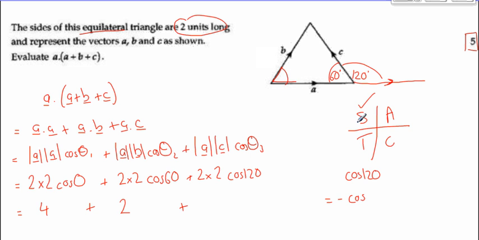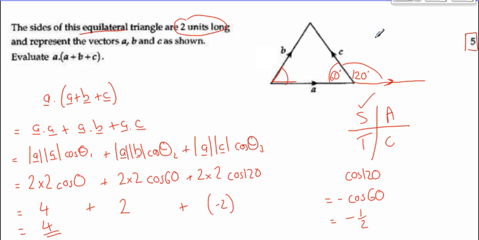The related angle of 120 in that quadrant is 60, because it is 60 that we take away from 180 to get to 120. So cos 120 is negative a half. So this really means 2 times 2 times negative a half. So add negative 2. So your final answer there is A dot (A plus B plus C) is equal to 4.